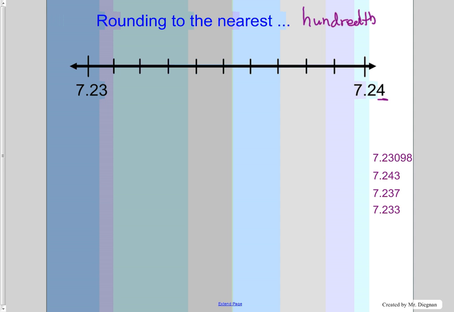What's my nearest hundredth? I'm going to be looking at numbers that fall in, near, or between 7 and 23 hundredths and 7 and 24 hundredths. My starting point is to figure out that middle space, this one right here. What is right in the middle of 7 and 23 hundredths and 7 and 24 hundredths? As I showed before in a different example, it does not make sense to say 7 and 23 hundredths and a half.